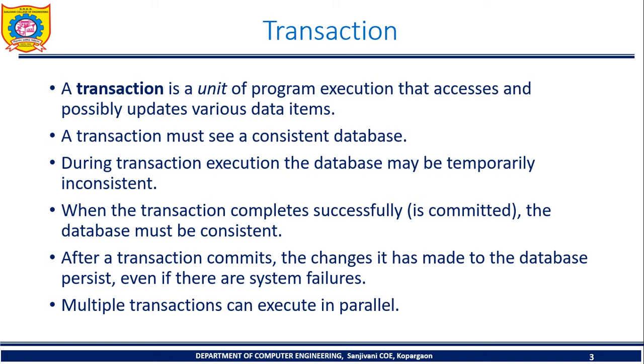When the transaction completes successfully, that is, when the transaction is committed, the database must be consistent. After a transaction commits, the changes it has made to the database persist even if there are system failures. Multiple transactions can execute in parallel.